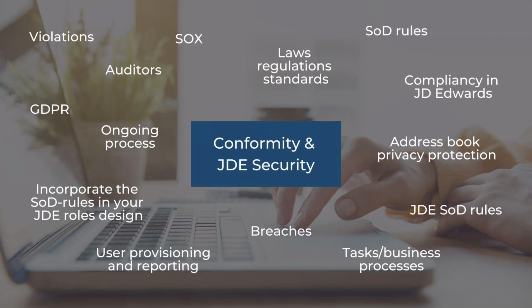And that's the next step where we go for conformity in JD Edwards. The presentation of today has a focus on JD Edwards, and it's all about preventing violations. You see here SOX, you have the local regulations. All these kinds of checks in your system need to be done on a regular basis.